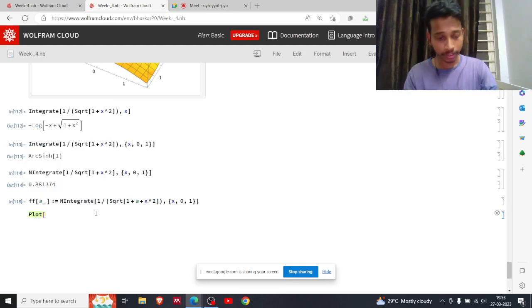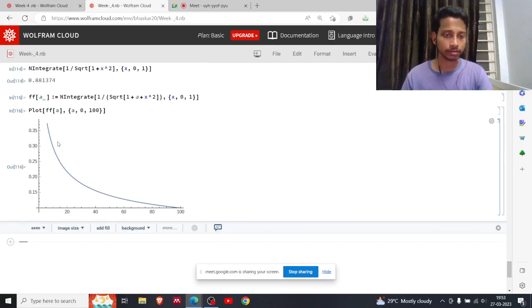Plot of f(a) with a from 0 to 100. So this is the plot of the function. So numerical integration can also be assigned to a function.